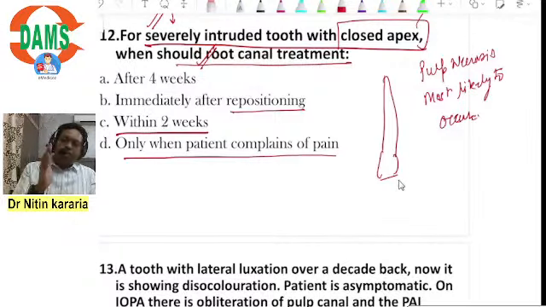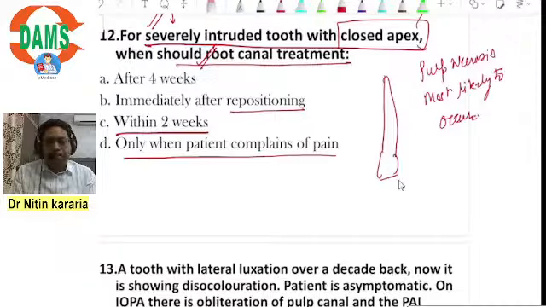See, it is almost certain that whenever a severe form of intrusion occurs, because the tooth has hit the bone in the apical 1/3, there would be pulp necrosis. And whenever pulp necrosis occurs and we do not do the root canal treatment, that necrotic pulp would likely induce inflammatory root resorption. So to prevent the inflammatory root resorption and save the tooth, we have to do root canal treatment immediately after repositioning of the tooth.